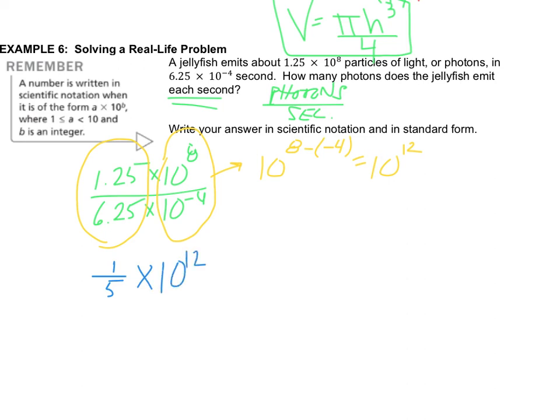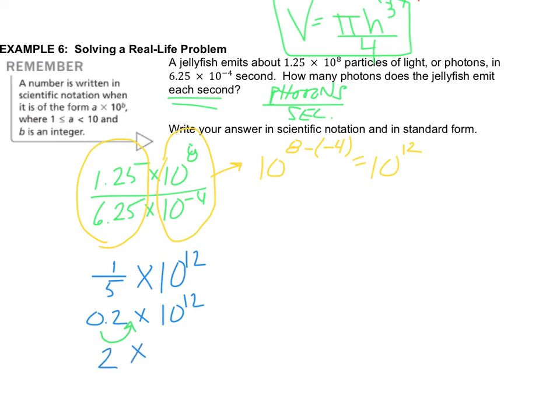Now in scientific notation, I'm just going to give you a quick review of how that looks. 1/5 is the same thing as 0.2 times 10 to the 12th. Scientific notation says this first number has to be 1 or greater and less than 10. Well, 0.2 does not fit. So what I'm going to have to do is turn this into the number 2.